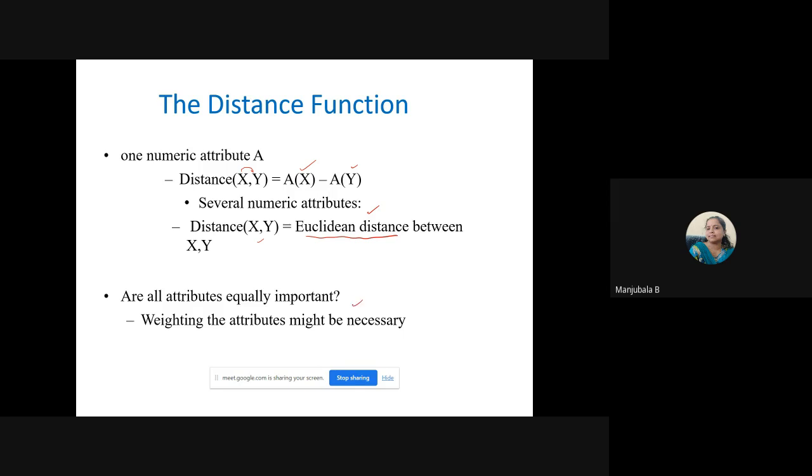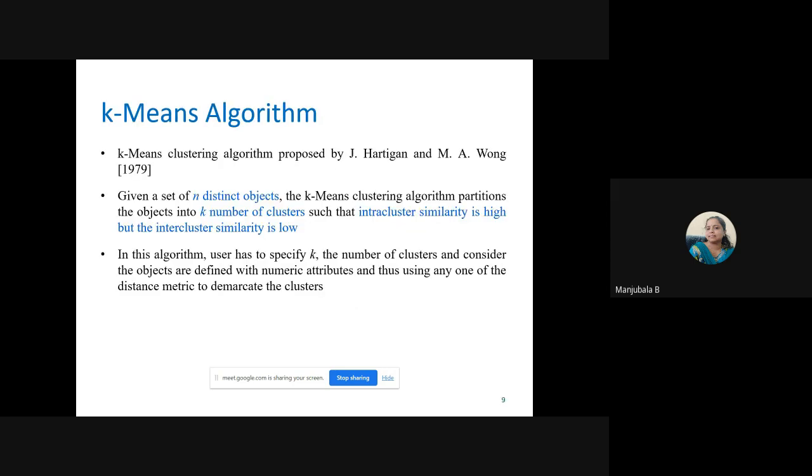So weightage you have to find out for the attributes. Coming to the first one, that is the partitioning method. Your K-means algorithm comes under the partitioning method, where you are partitioning the data set into a number of clusters. Your K is the predefined or user-defined value, which represents the number of clusters.